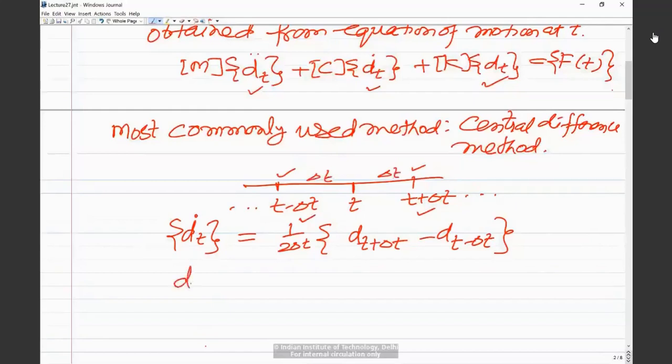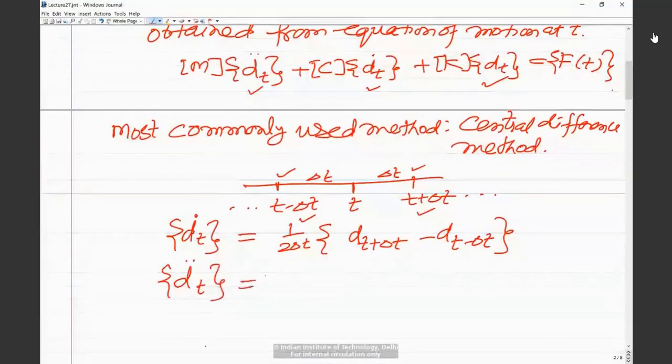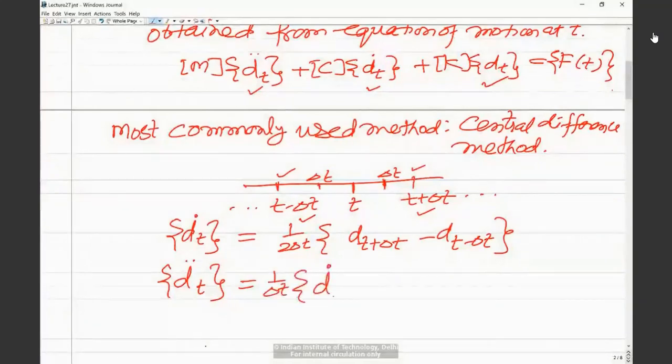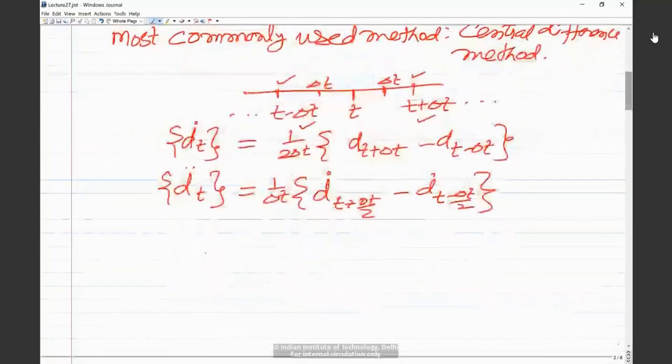And then you write d double dot at t, again using central difference. You take the intermediate time steps here and here, so that would be 1 upon delta t, then d dot at t plus delta t by 2 minus d dot at t minus delta t by 2. Finally we want to write it in terms of d.